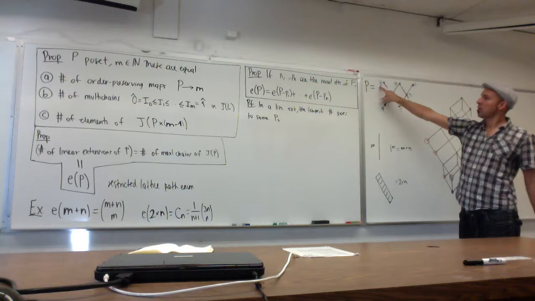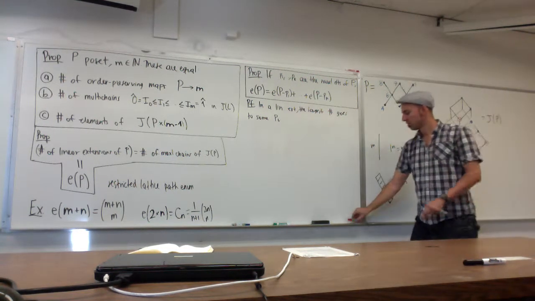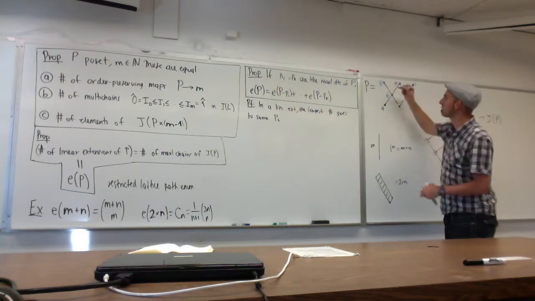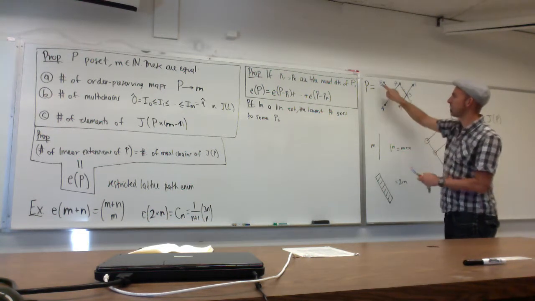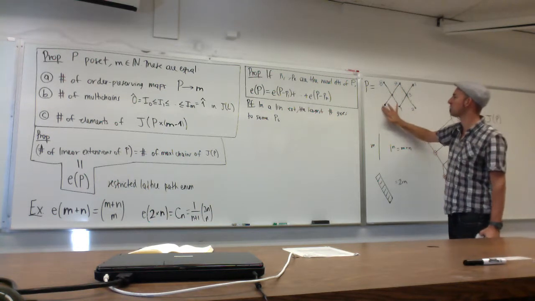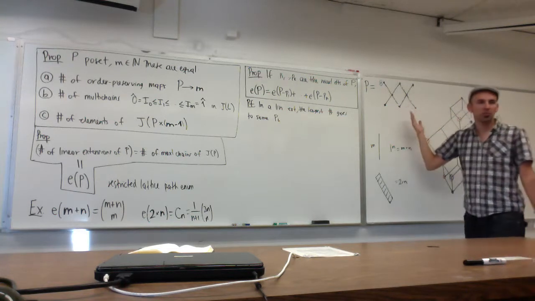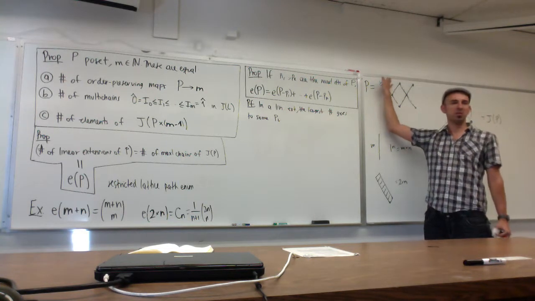And if I decide that it goes in this element, then how can I complete the rest? If I force you to put 8 here, but I don't tell you where you should put the other ones, then how many ways are there to do the rest? You just have to fill out the rest of the poset, right? P minus that guy.